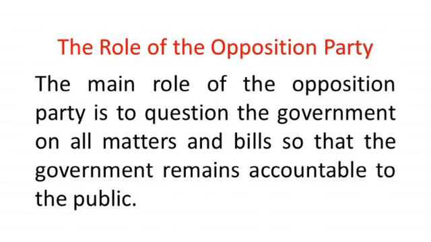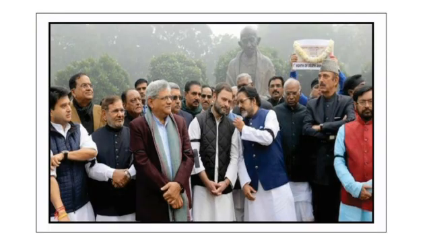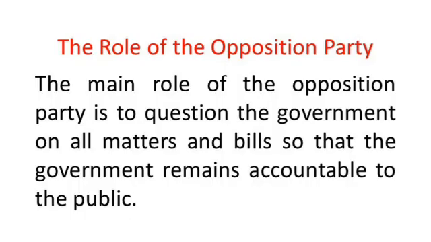Now the next topic is the role of the opposition party. Here we'll look into the role of the opposition party and how it functions in order to make sure that the interest of the people is protected. The main role of the opposition party is to question the government on all matters and bills so that the government remains accountable to the people.